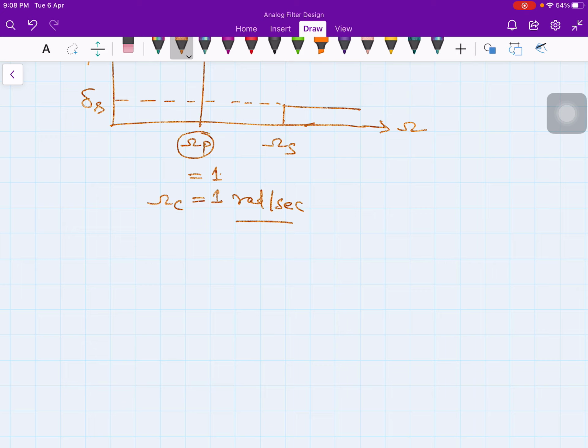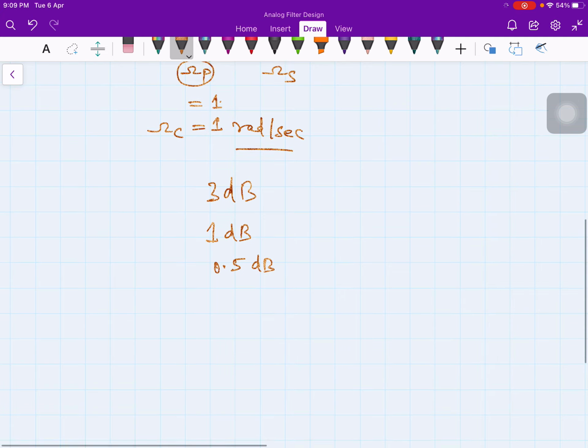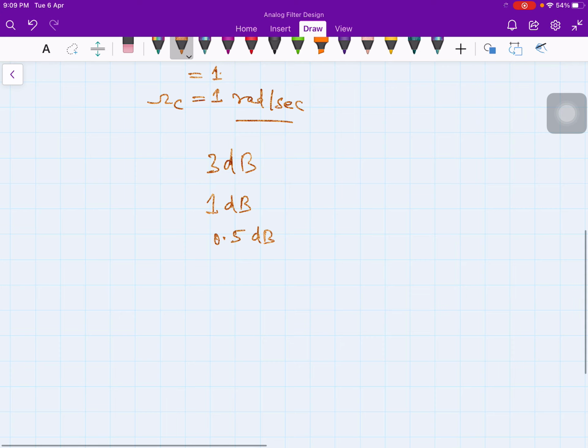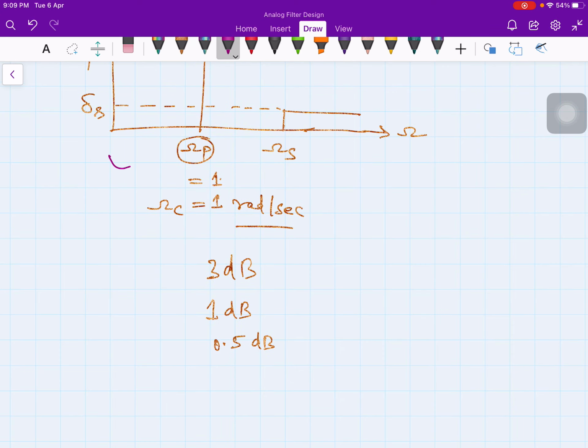This cutoff frequency could be a 3 dB frequency for a Butterworth, or it could be 1 dB frequency for a Butterworth, right? Whatever it is, it doesn't matter. Or even if it is very tight specifications, then it could be 0.5 dB, whatever it is. So whatever it is, our pass band is specified from 0 to 1.